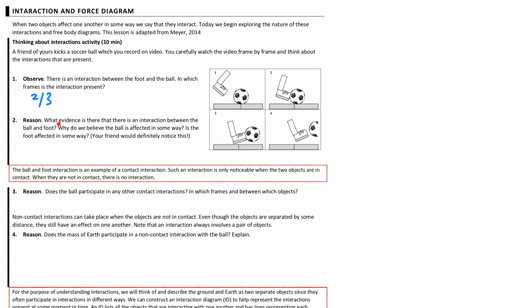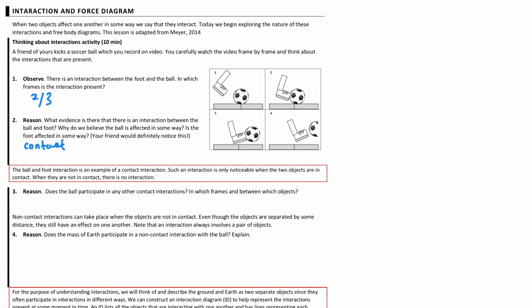And then what evidence is there that there are interactions between the foot and the ball? And why do we believe that the ball is affected in some way? Is the foot affected in the same way? Your friend should definitely notice this. Well, we can see that in these situations, there is contact. And contact is what's causing the interaction.